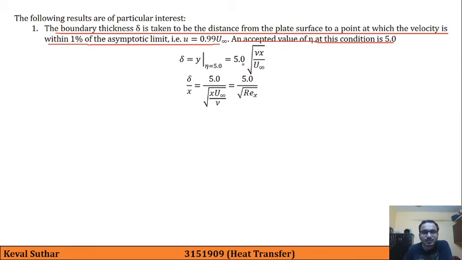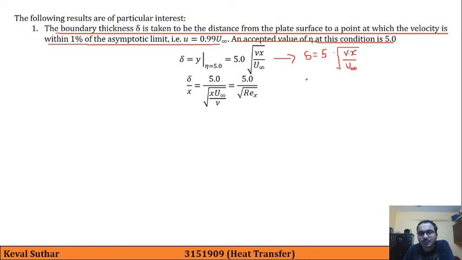So we can make this as a delta upon x. So let's do this here, that here if you see delta is equal to 5 into square root of nu into x over u infinity.